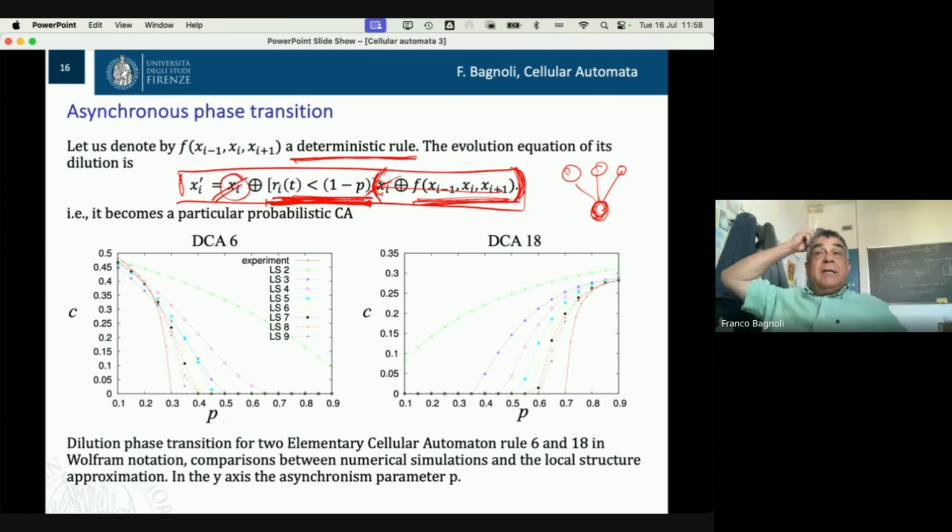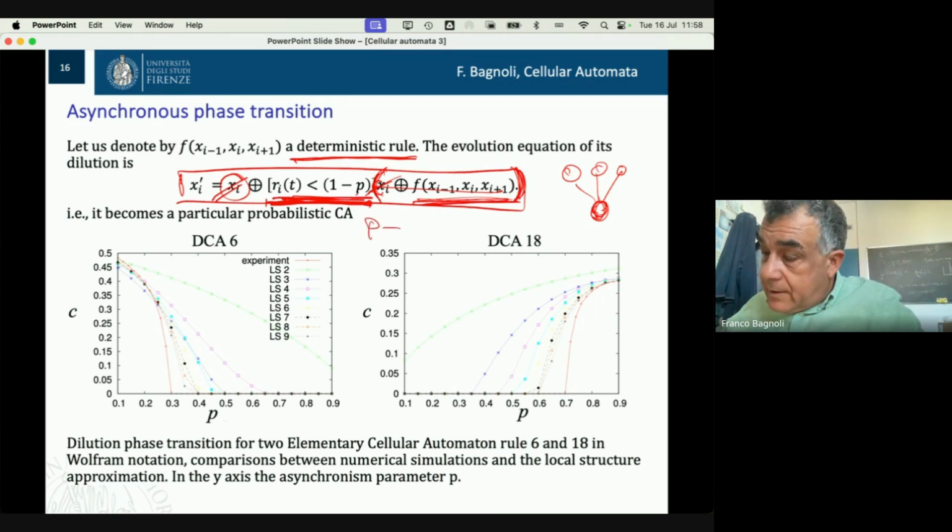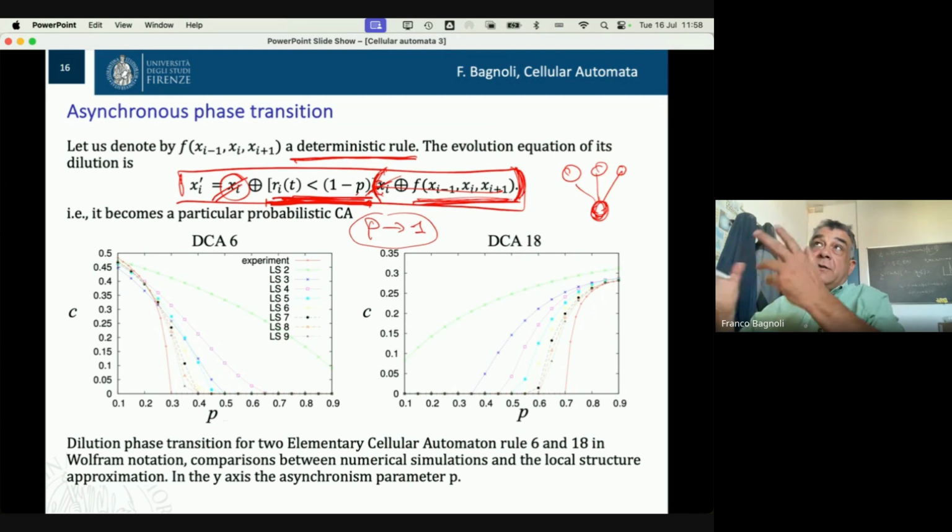So essentially, it is a dilution of a rule. And clearly, when p is very near to 1, you have essentially the case in which, in most cases, you apply this f at most to one site only.